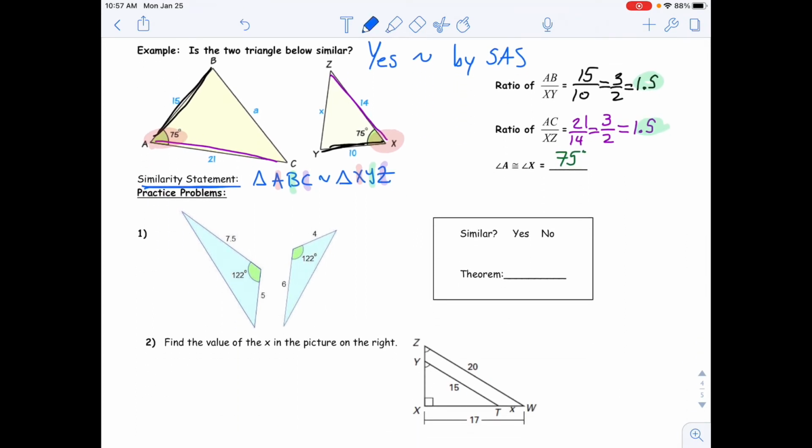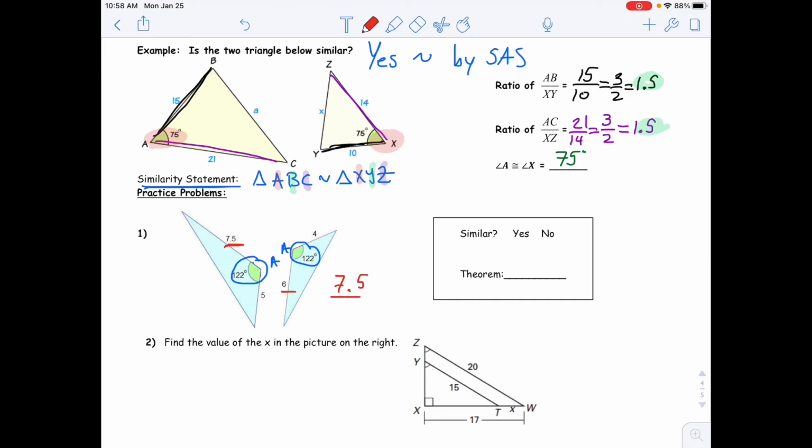Here's another problem. Are these two triangles similar? Well, we have an included angle that are congruent, both 122. Now, this is a mistake. You might just say, well, 7.5 and 4 are corresponding. No, that's false. Notice how 7.5 is the big one and 6.